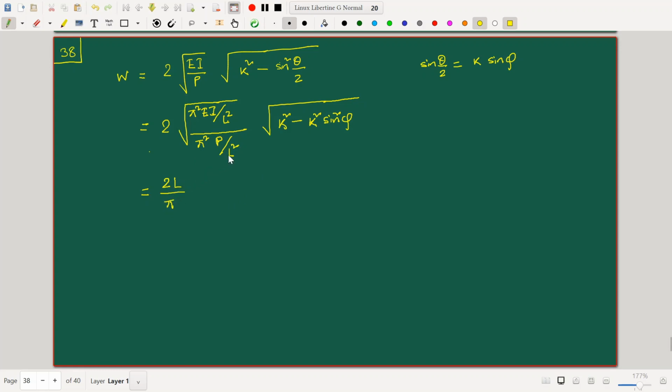So this L is coming from this L square. So you please note that this is under the square root, and this pi square is coming out as this pi, and what I'll be left inside is this P Euler. So whatever was present in the numerator, that is pi square EI by L square, that was my P Euler, and I just have this P left, and this term is simply K square minus K square sine square phi. I think I should be writing that as the other phi, not as this phi.